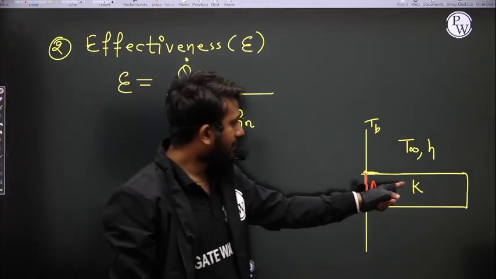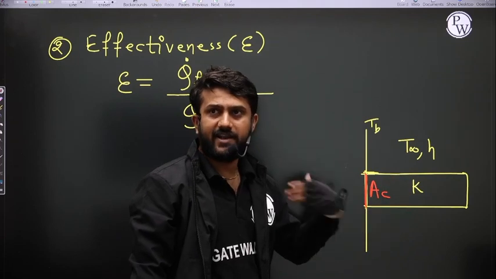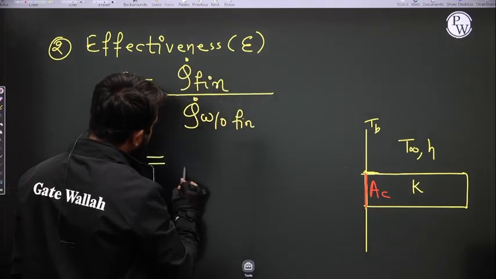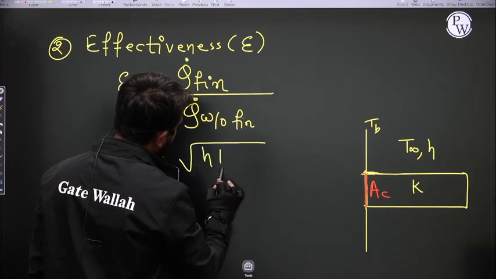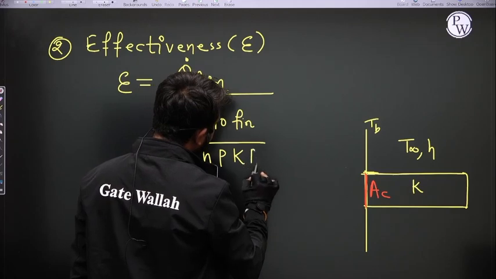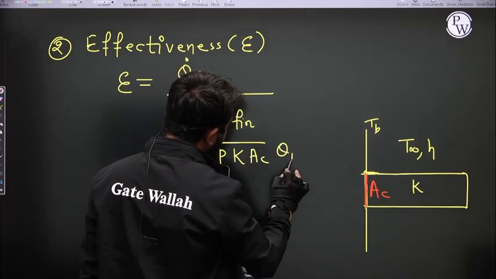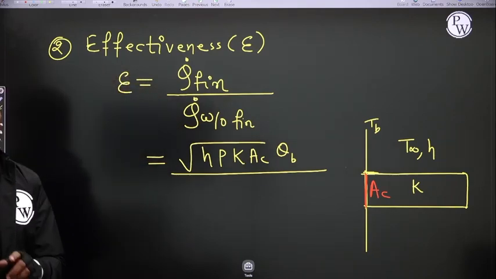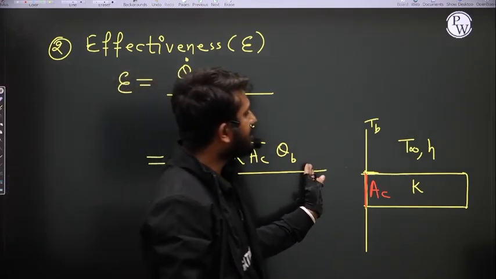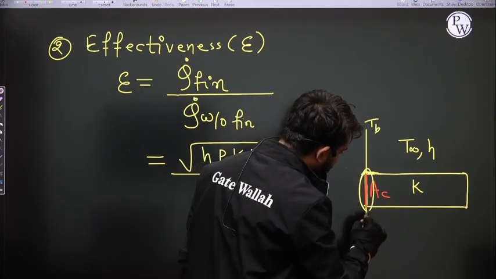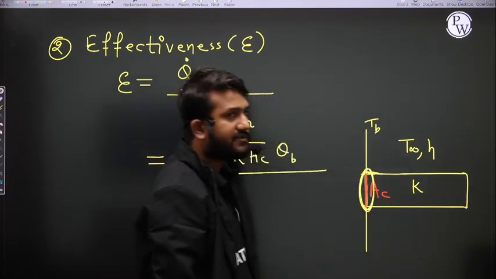Now see, let us assume this is an infinitely long fin. If fin is present, the rate of heat transfer through the fin is root over HP KAC theta B. If fin is not present, then what is the rate of heat transfer from this portion, because the fin is fitted here?